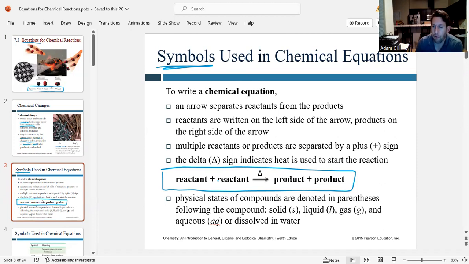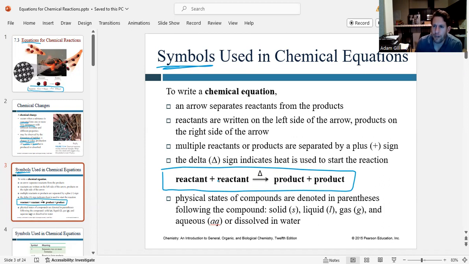If there's more than one product, we separate them with a plus sign. The arrow indicates the separation of the reactants from the products. The left side is what you're starting with. The arrow shows what you're forming. It's kind of like the equals sign in a math equation, but it's an arrow showing these are becoming these.